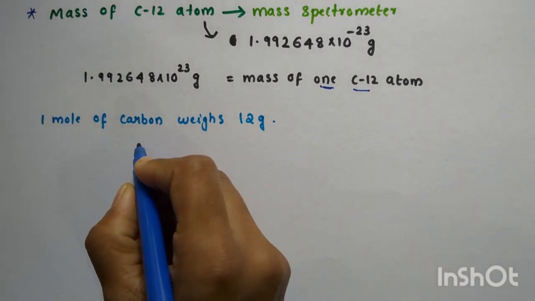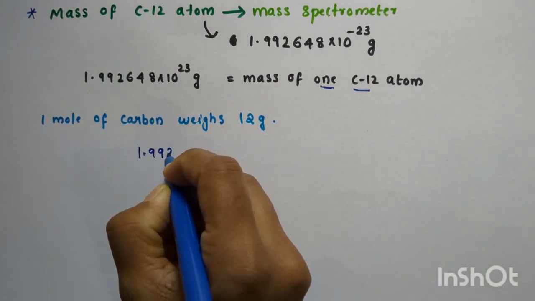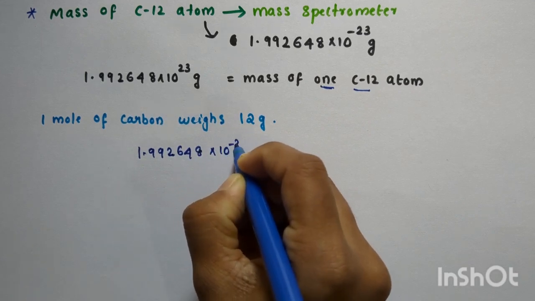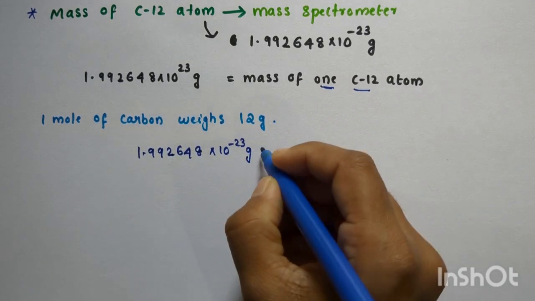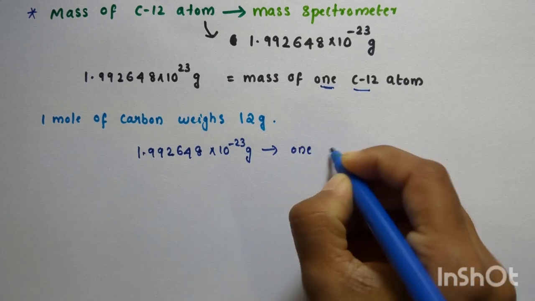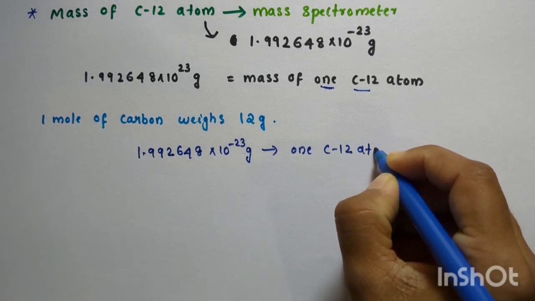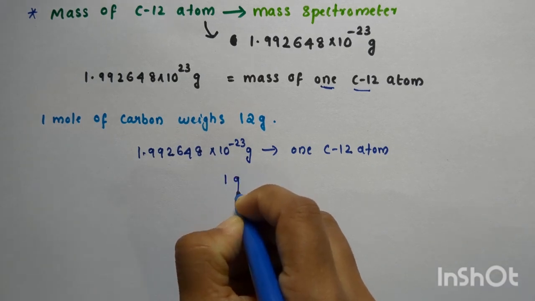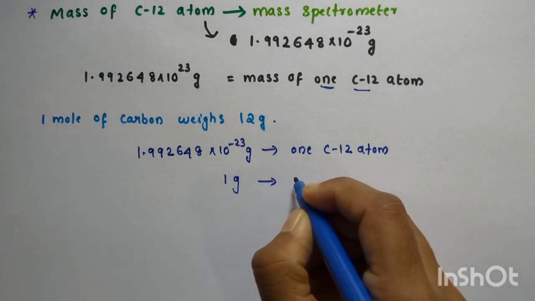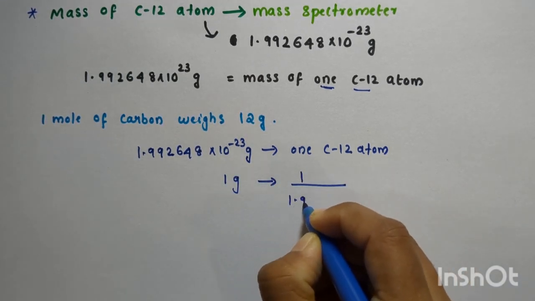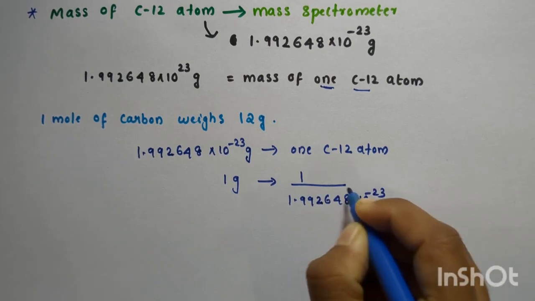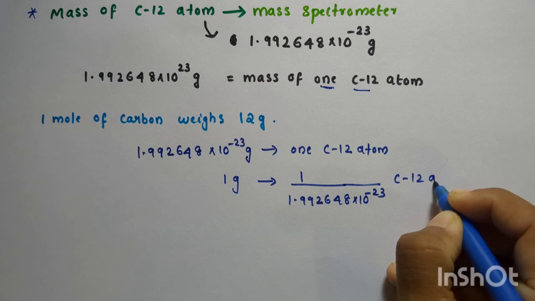See, in 1.992648 × 10^-23 gram, there is 1 carbon-12 atom. So in 1 gram, there will be 1 divided by 1.992648 × 10^-23 carbon-12 atoms.